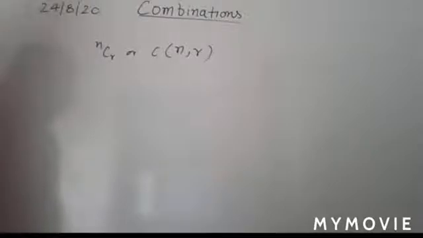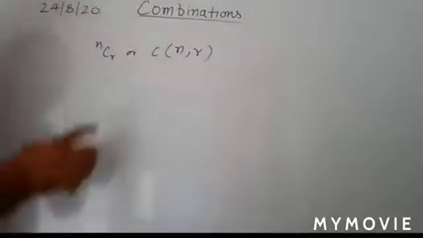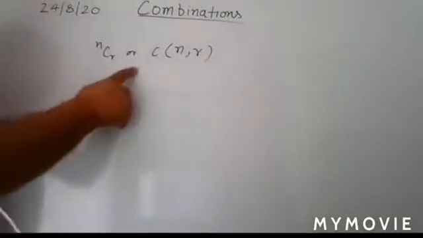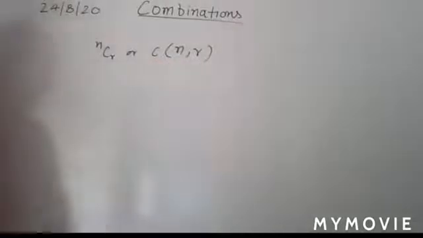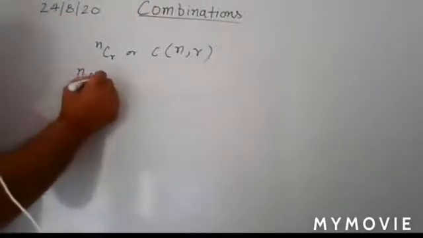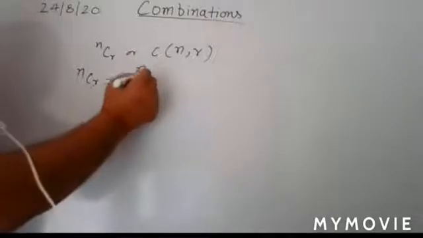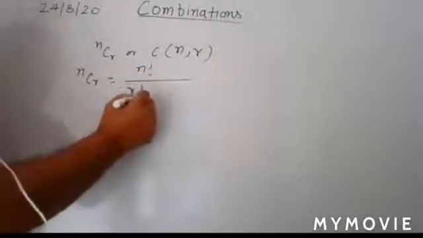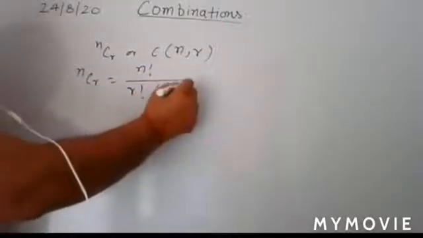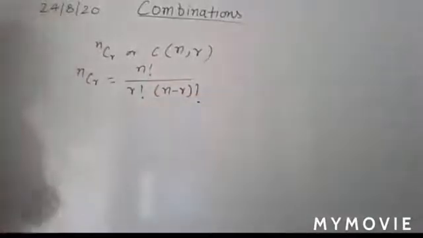It is represented by nCr or Cnr and is given as nCr equals factorial n upon factorial r into factorial n minus r. Okay, you write it.